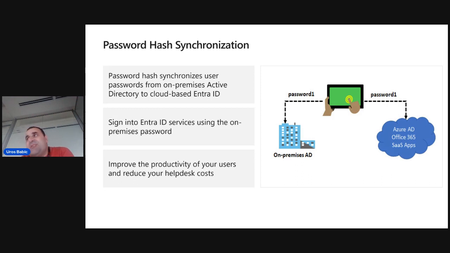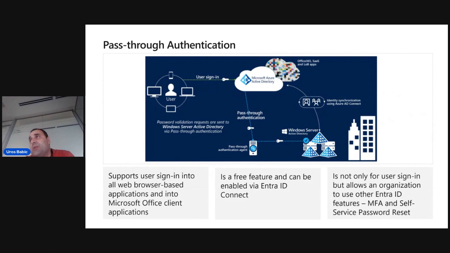And it is important to understand that this is the same sign-in, not single sign-on. The user still authenticates against two separate directory services. This solution provides a simple alternative to Active Directory Federation service implementation. And we have pass-through authentication. That is an alternative method to Azure Active Directory password hash authentication.